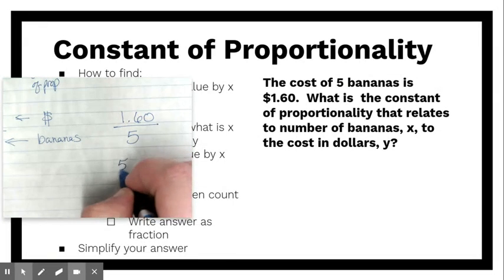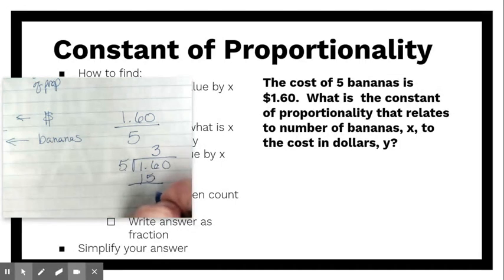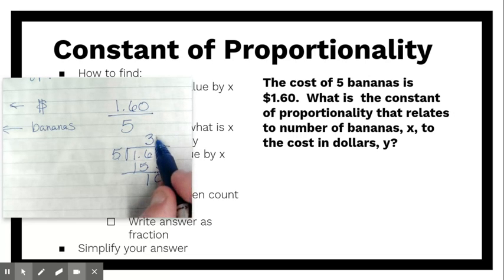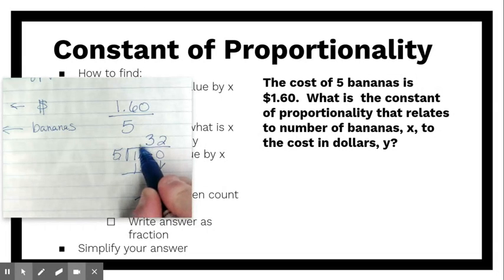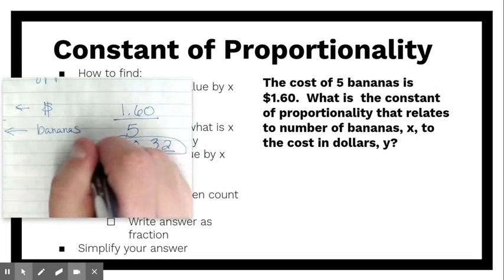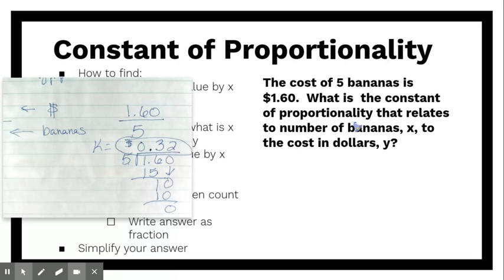So let's do 5 goes into $1.60. 5 goes into 16 3 times because 3 times 5 is 15. 6 minus 5 is 1, and bring down our 0, that's 10. 5 goes into 10 twice because 2 times 5 is 10. Put that decimal point there. So it's 32 cents. That's my k, my constant of proportionality. Okay, it's as simple as that.